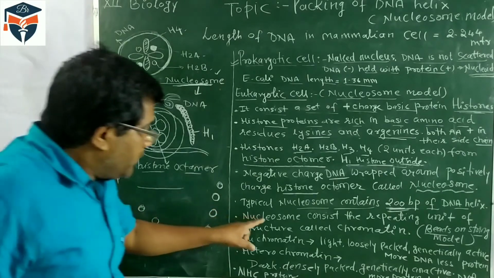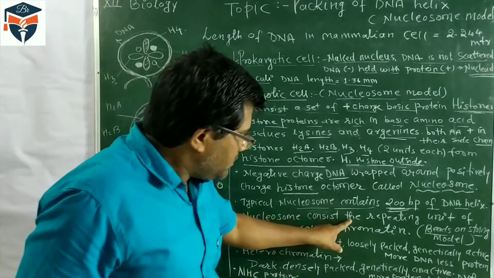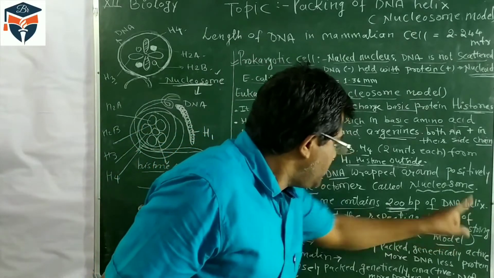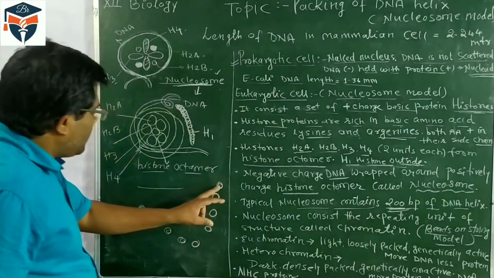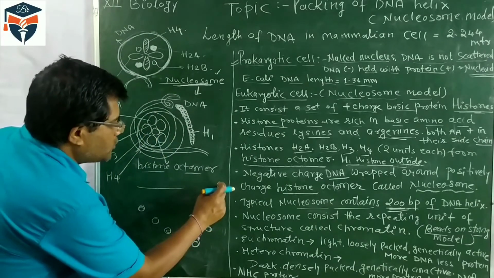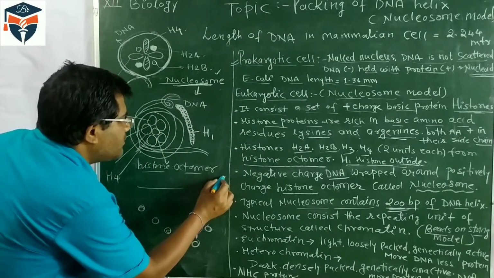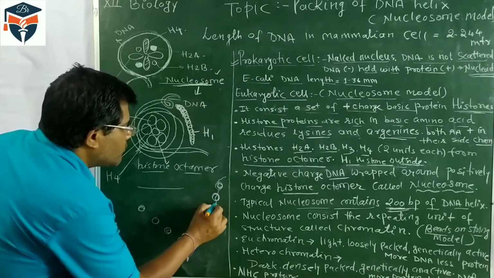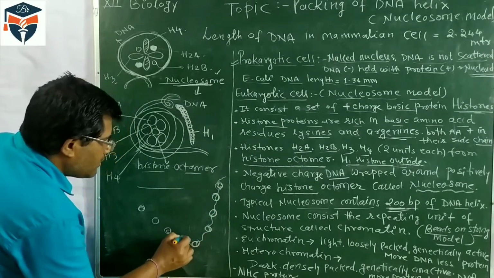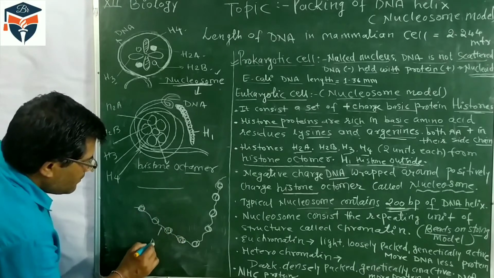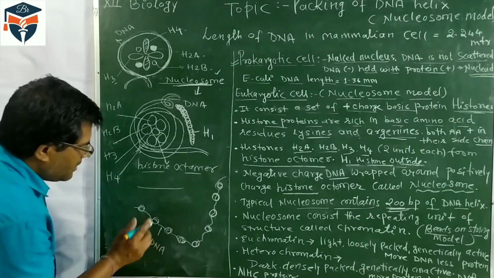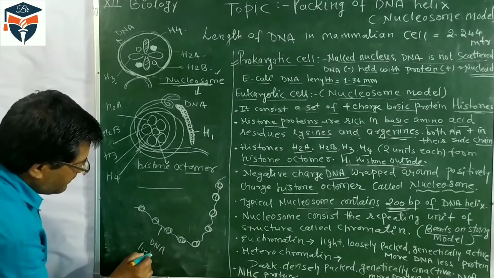Now nucleosomes are the repeating units of a structure called chromatin. As I told you, these are the histone octamer units, and this is the DNA molecule. This space where the DNA is present between octamers is called linker DNA.